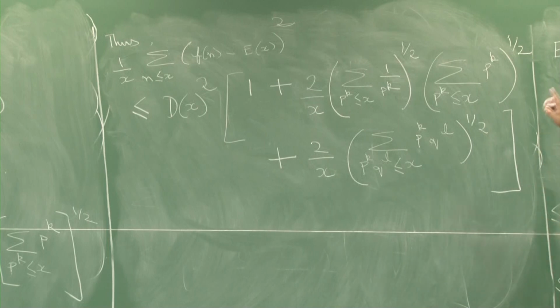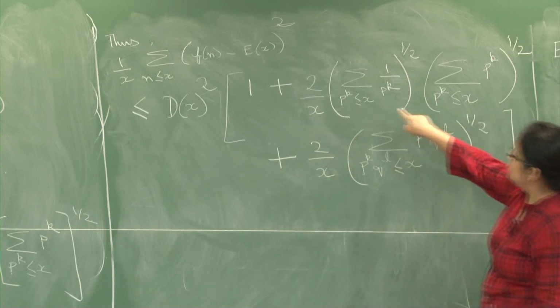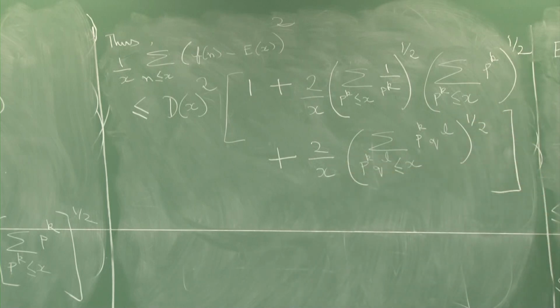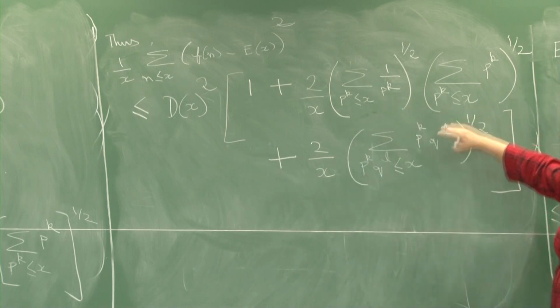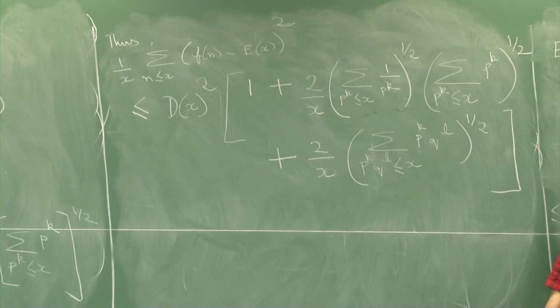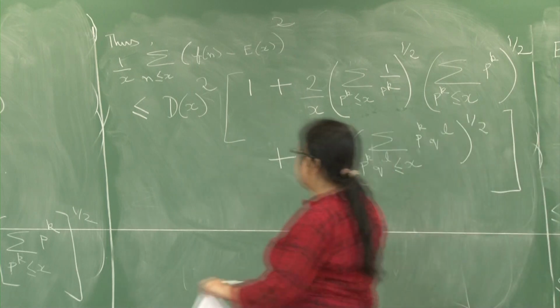Now, this part, 2 by x into this plus 2 by x into this. With the knowledge of the average order of the von Mangoldt functions, the sums that you have studied, you can actually show that the sum of these two will be a function of x which goes to 0 as x goes to infinity. Okay? I am going to give this as an exercise in your next assignment.